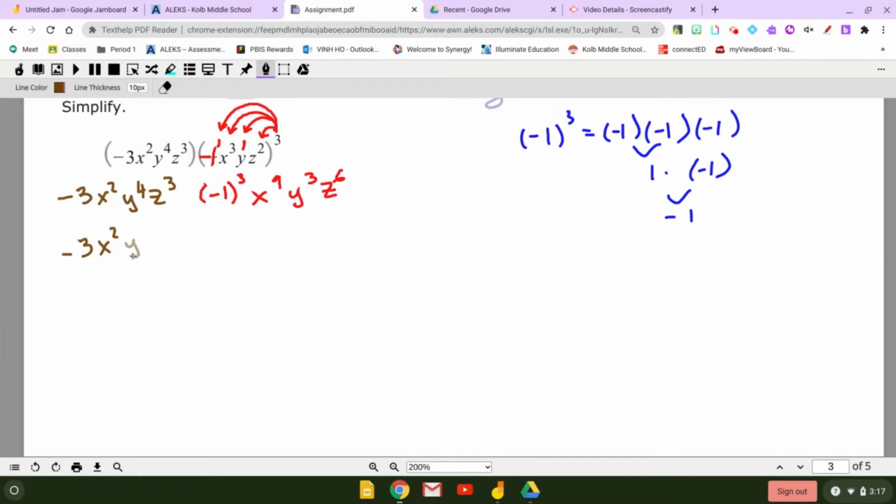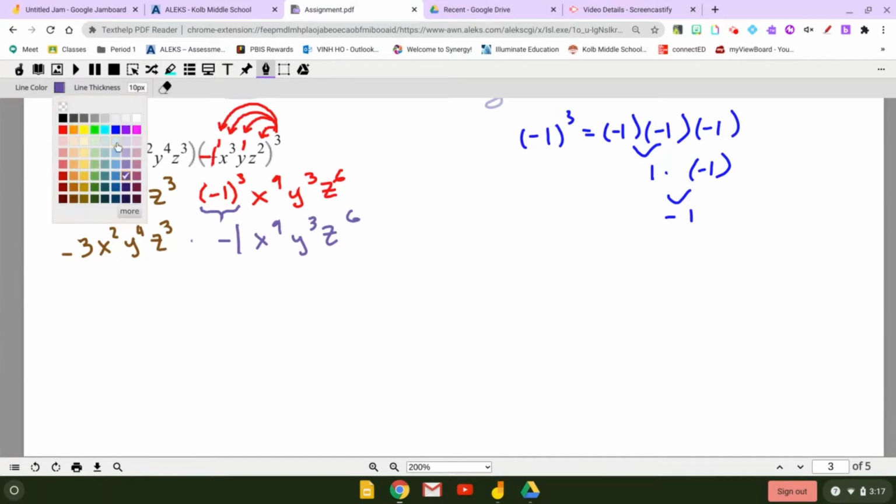Make sure when you work on this problem, especially on your test, slow down. Do not go too fast. This negative 1 to the third power, we just work it out. That's just negative 1. X to the 9th, y to the 3rd, z to the 6th. They all multiply each other.